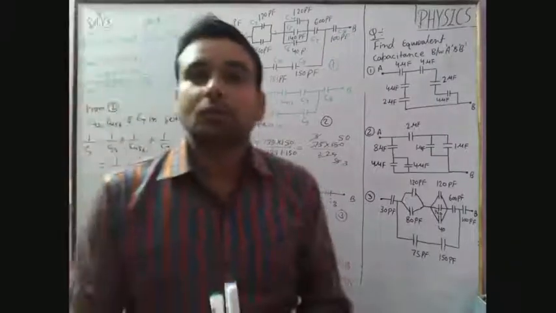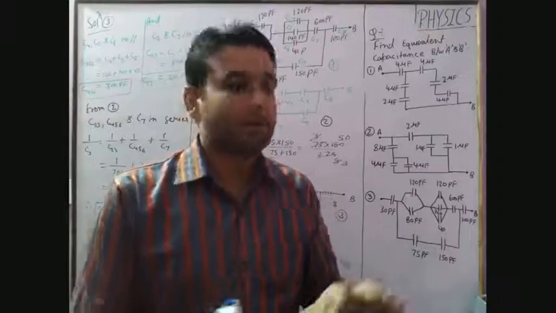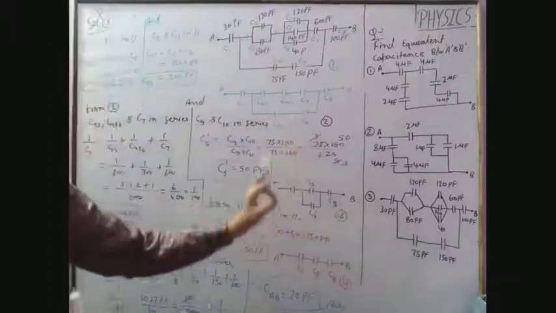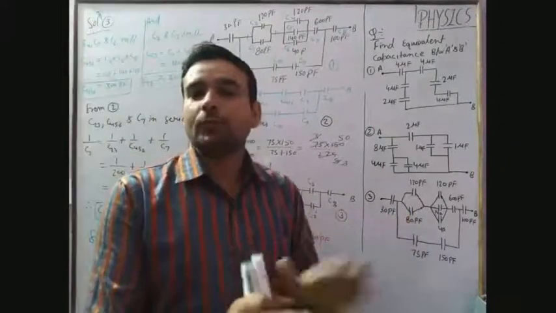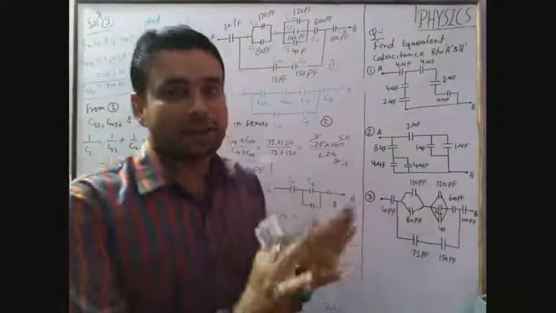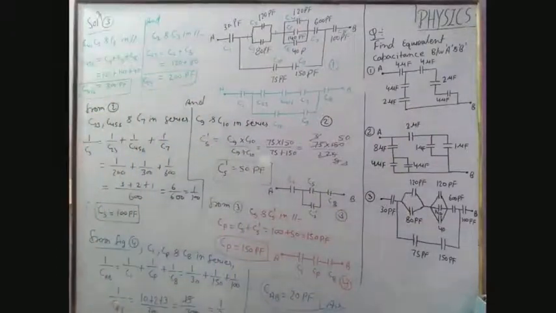Okay, so these numericals are simple, but a little bit when you see the networks, these are assumed as tough, but actually it is not tough, it is too easy. Thank you.